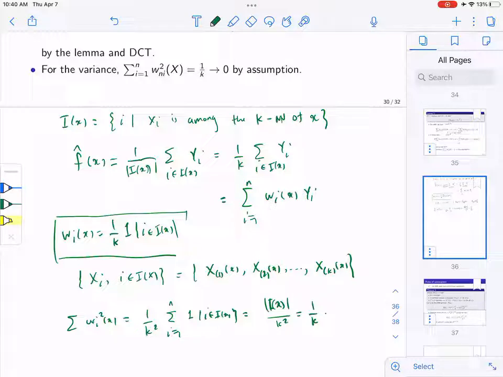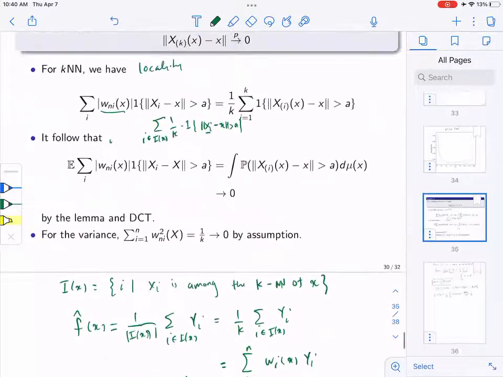There's always going to be at least one. The weights are always 1 over k, so if you take the square and then sum, you're just summing 1 over k squared, k times. So you get 1 over k. And then by assumption, this is going to 0. That's the assumption that we have, k goes to infinity. And then the summation of the weights also trivially is 1. Actually exactly 1, doesn't just go to 1. The weights sum to 1, they're 1 over k.